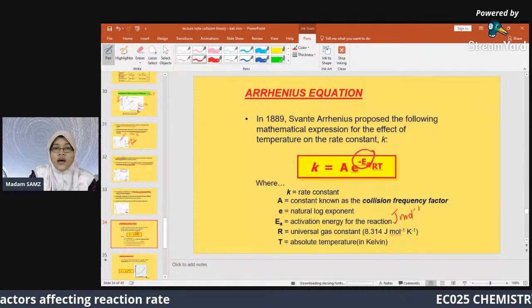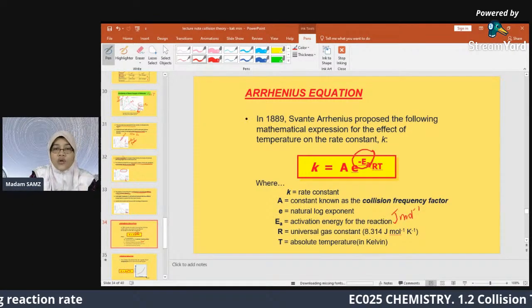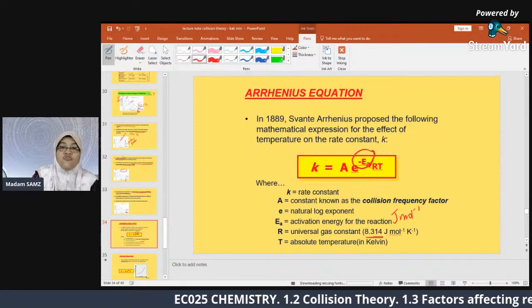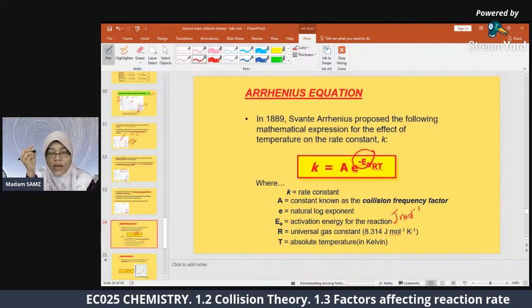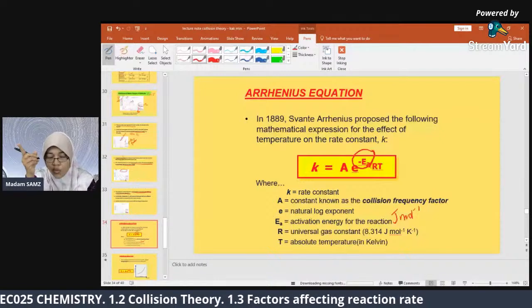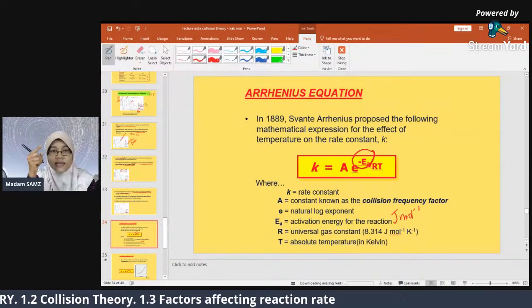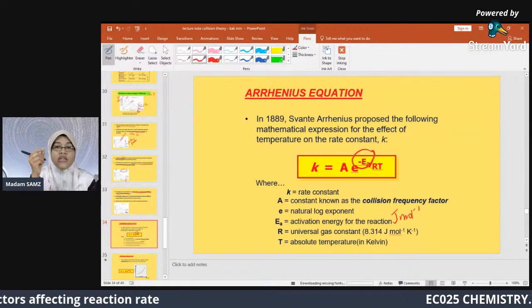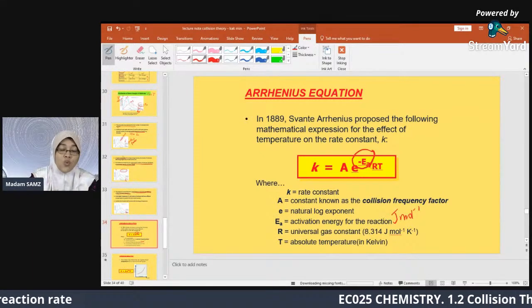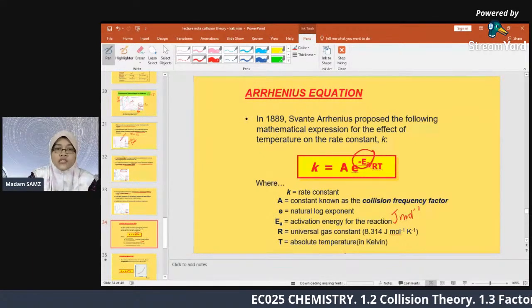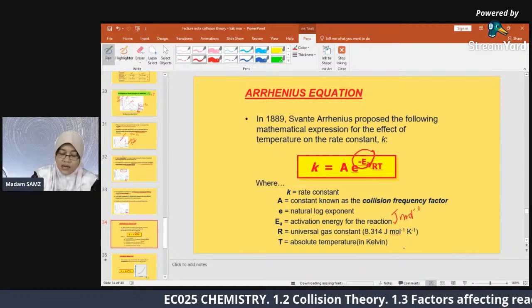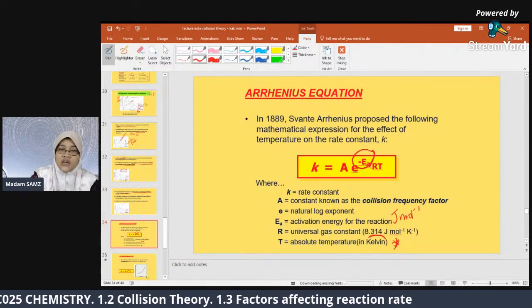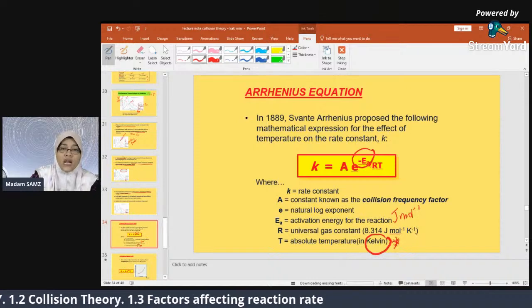Alright. R, universal gas constant. Remember kena guna 8.314, bukan yang 0.08206. Itu untuk kalau gas. Yang ni kita nak guna energy, so bila energy kita guna 8.314. So and the temperature, okay, saya nak emphasize di sini supaya kamu guna Kelvin.